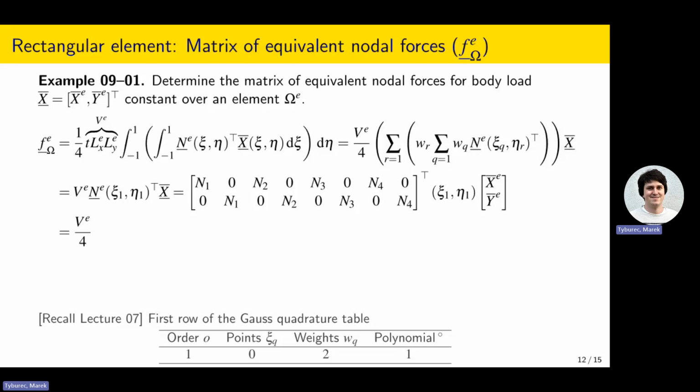It will be x overline, because just this multiplied by that plus this multiplied by that. This will be x overline in the first row, second row will be y overline, and so on. X overline, y overline, x overline, y overline, x overline, y overline, and that's it.